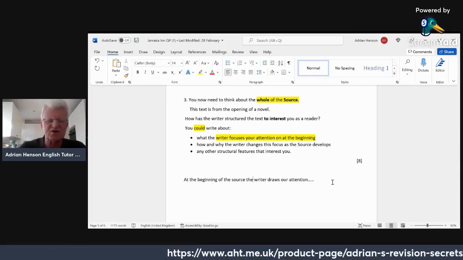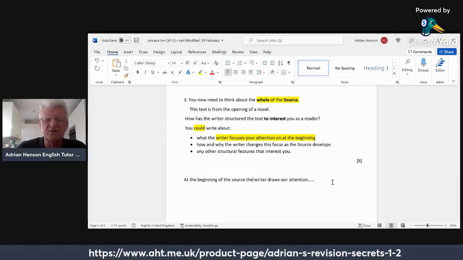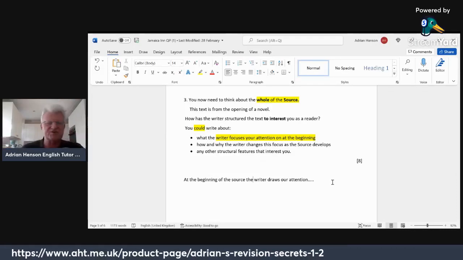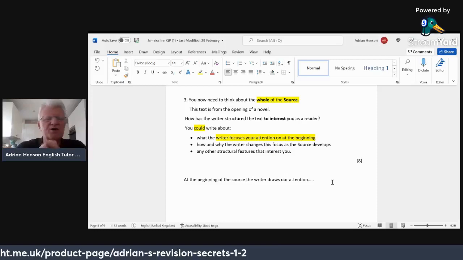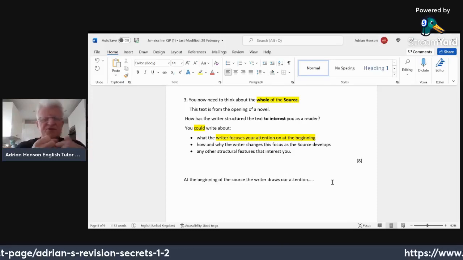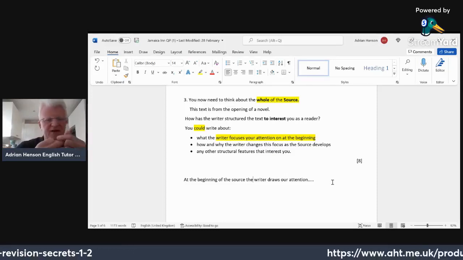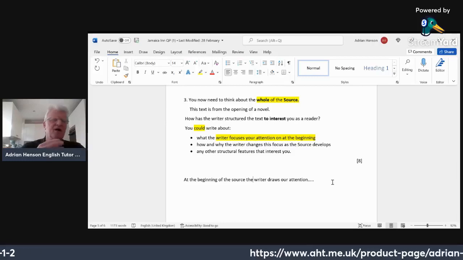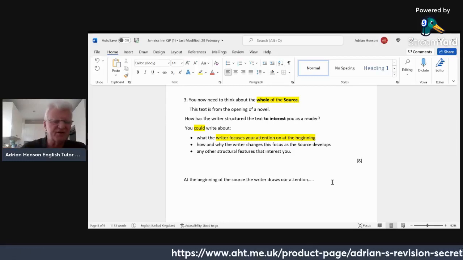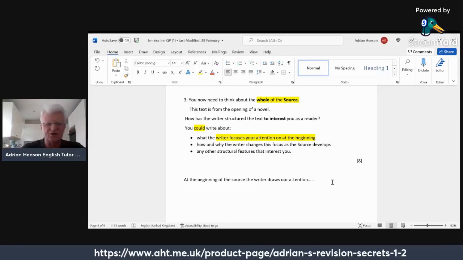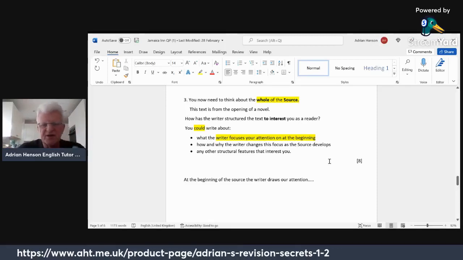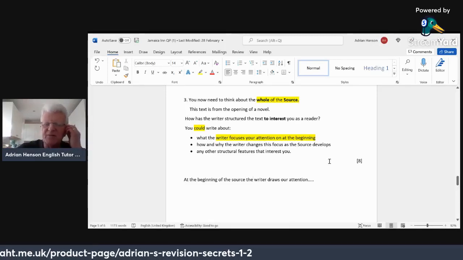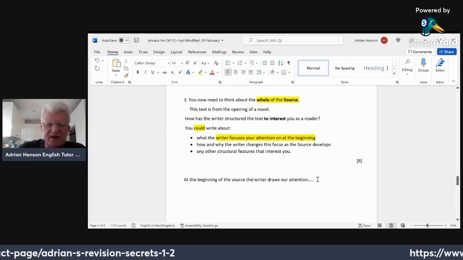But there are other structural features that I will tell you about in the revision guides, but they are words that we should use, like mood, tone, at the beginning in this paragraph, negative, positive, flashback, circular narrative. There are all sorts of things that the examiners have put together in extracts.